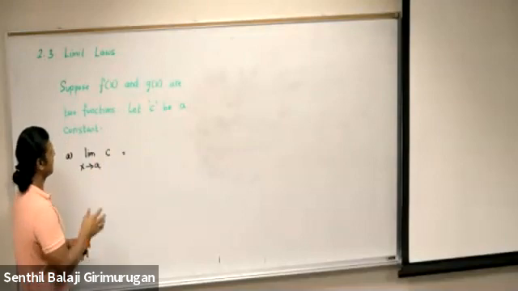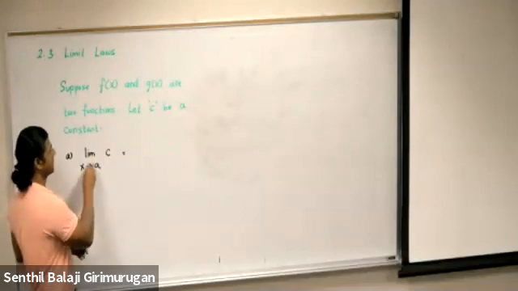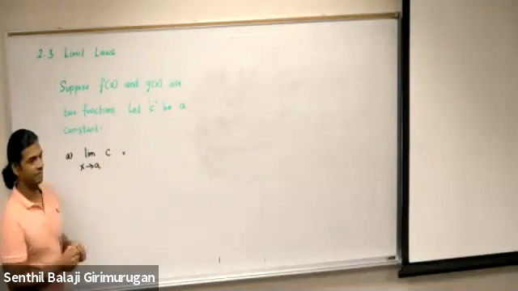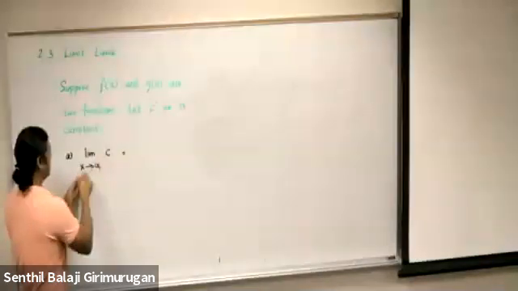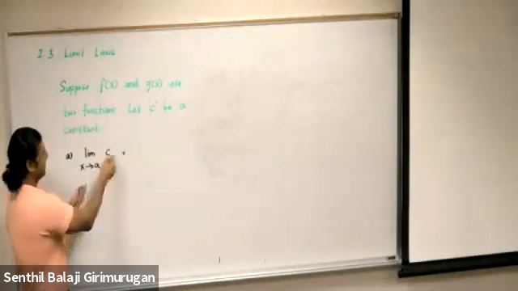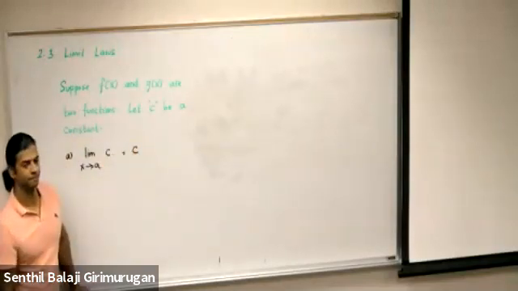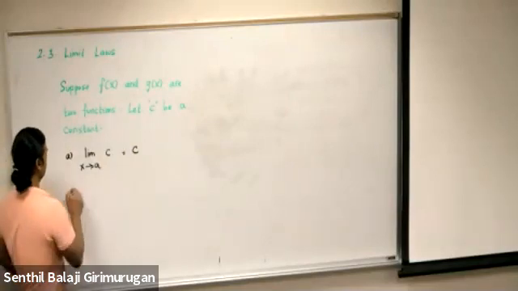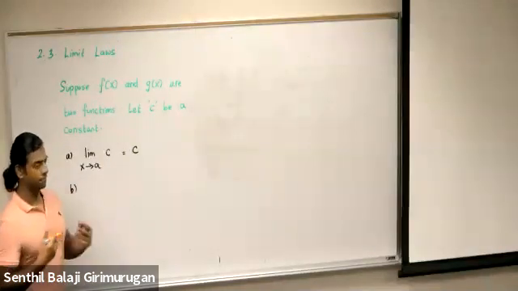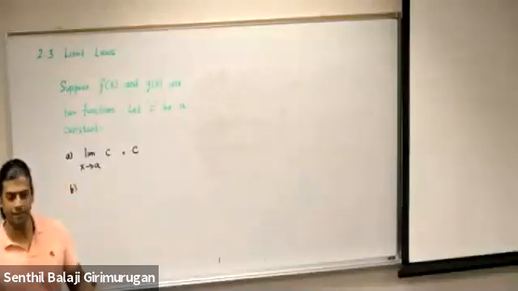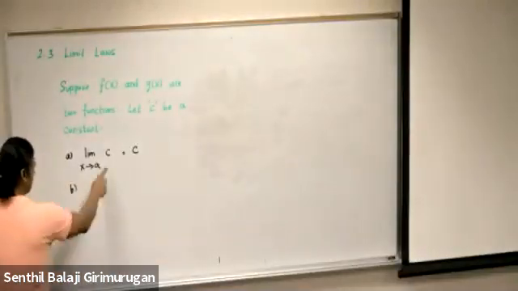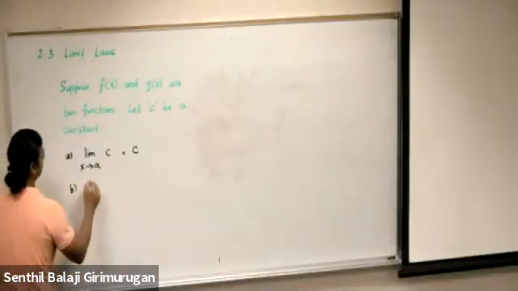No. So do you believe that this limit would affect that constant? Because limits are applied only for x, and there is no x, so the answer would simply be C. So limit of a constant is a constant, because there are no x's there.